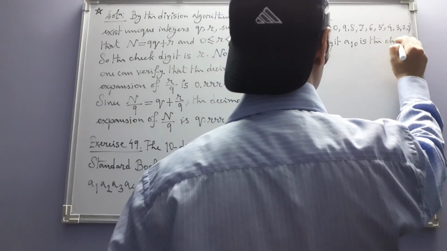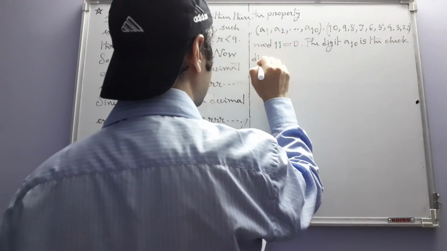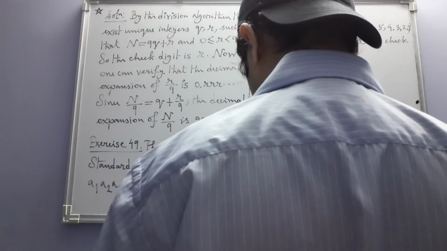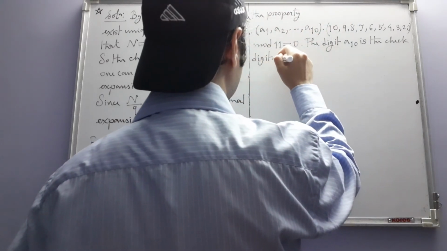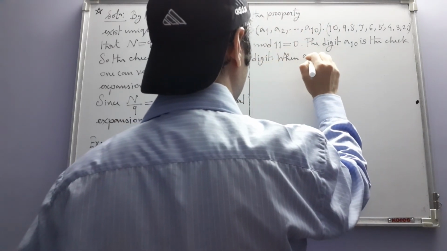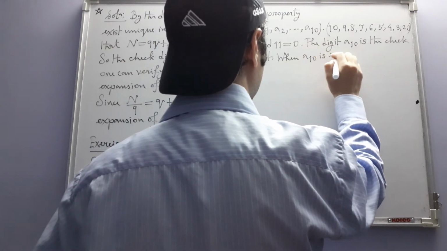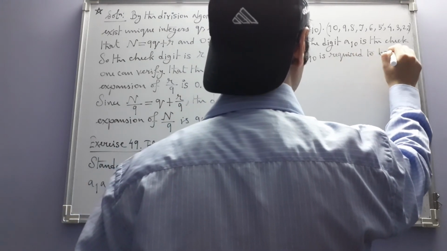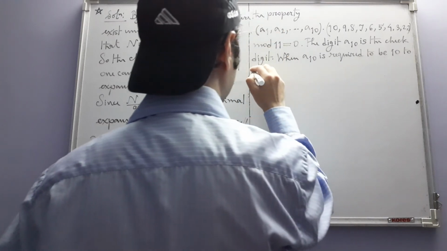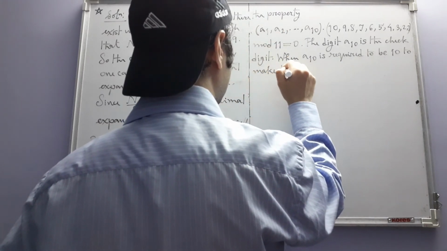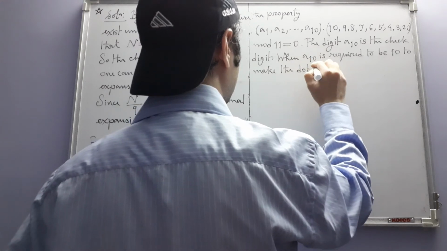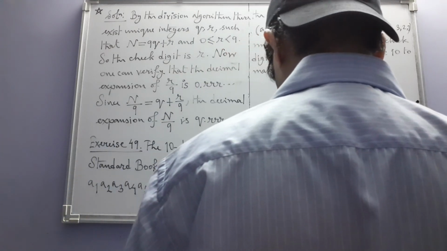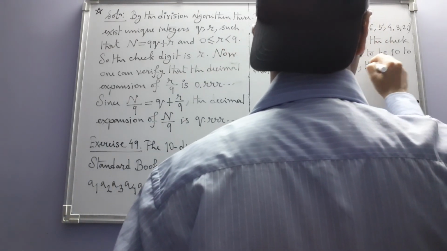The digit A10 is the check digit. When A10 is required to be 10 to make the dot product 0, the character X is used.